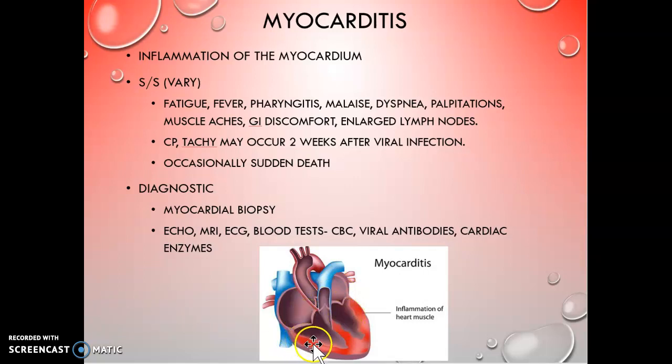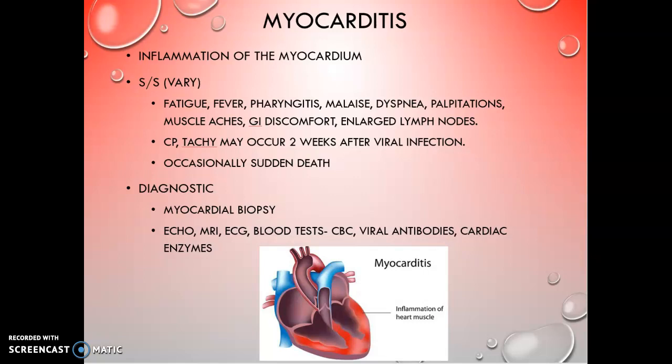Myocarditis is when the actual muscle itself becomes infected or inflamed. So think endo means inside the heart. Myo means cardiac muscle. And the third one is cardiomyopathy, which is muscle stretching, and we'll talk about that one in just a few minutes.